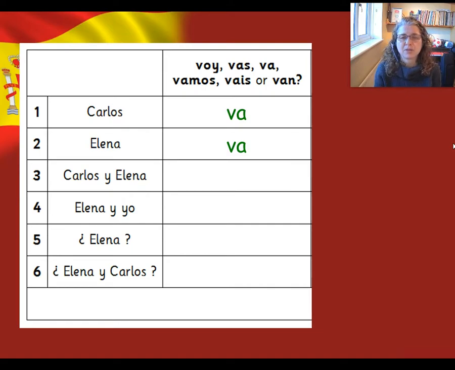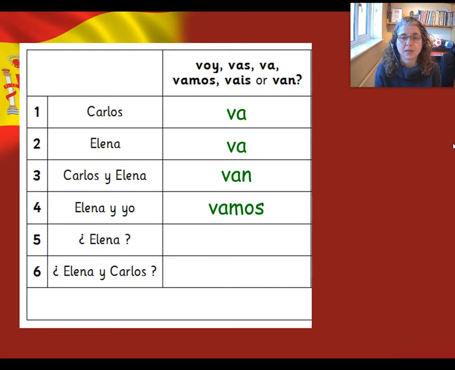What about if they're both in the sentence together? Carlos y Elena. Need van because they go. The two of them go, don't they? Then Elena y yo. Can you remember what person it is if we have y yo in there? So vamos. As soon as you put yourself, yo, into that sentence with somebody else, that's going to be we.